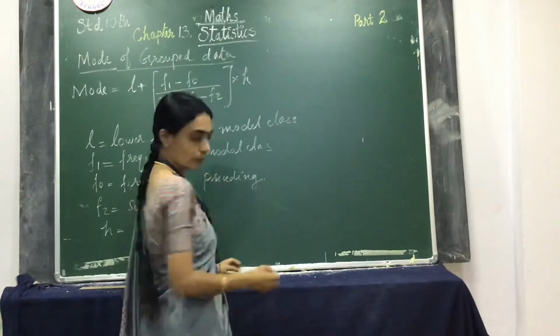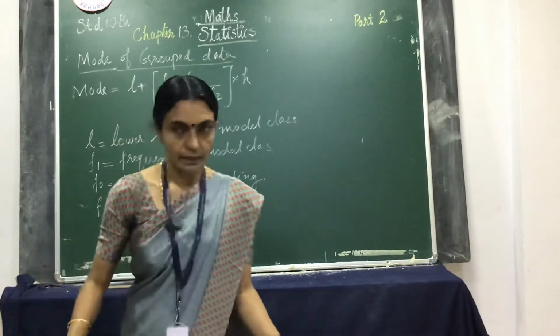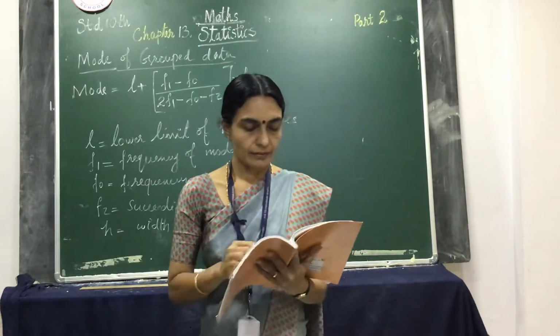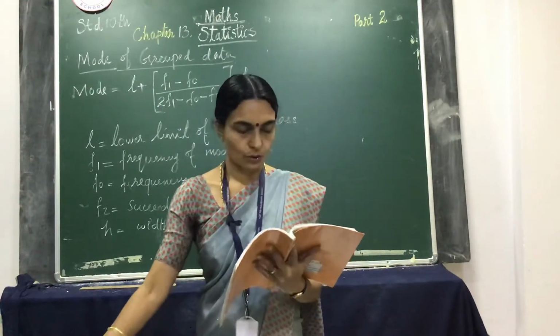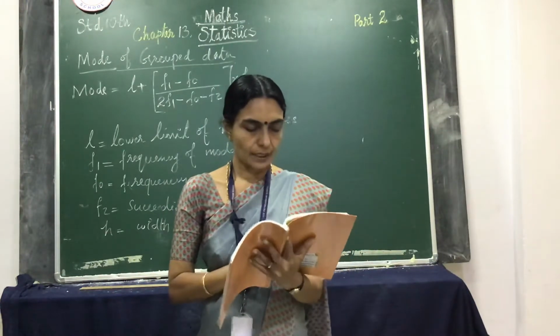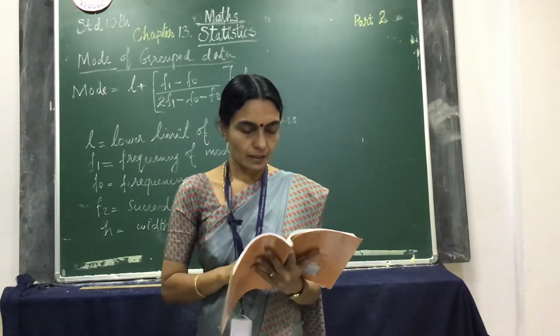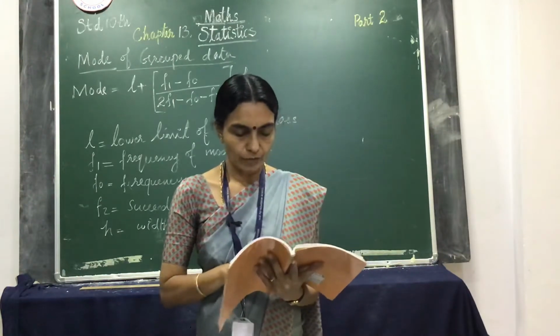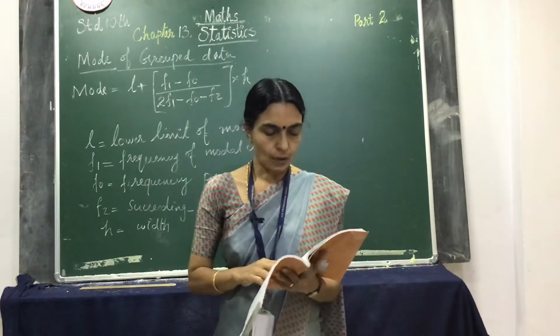See, for example, we can take a question here. A survey conducted at 20 households in a locality by a group of students resulted in the following frequency table for the number of family members in a household.